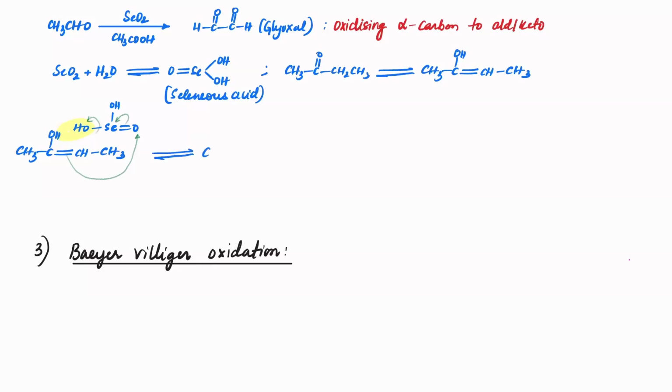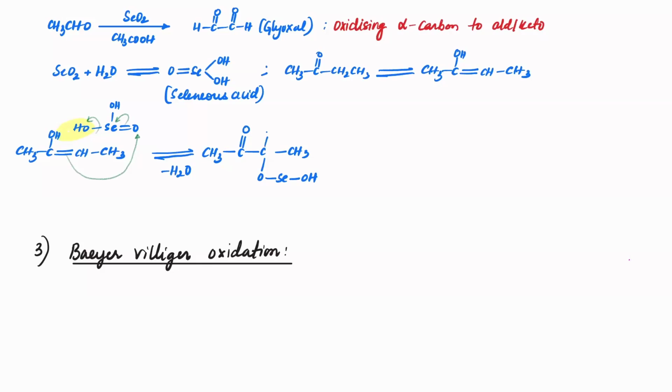You are getting CH3, C double bond O, then CH, CH3, and now here we have a connection of oxygen with selenium and one OH group. H2O has been lost out of it. Once you have that, you can see the hydrogen present here.